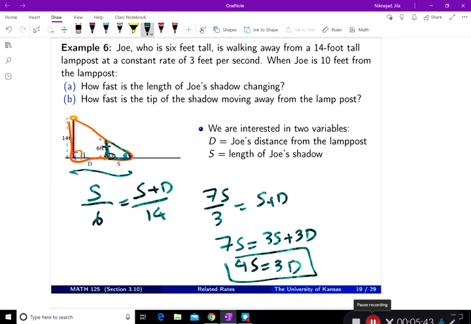As I'm reading, it says he's walking away from the lamppost at a constant rate of 3 feet per second. That means D is increasing at 3 feet per second. So I know that dD/dt is equal to 3 feet per second.